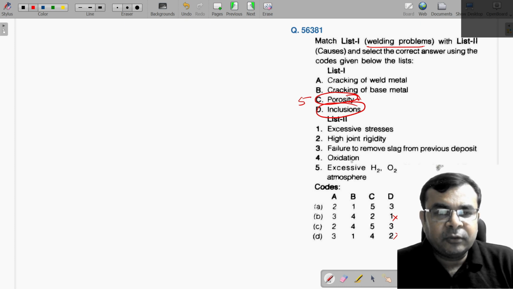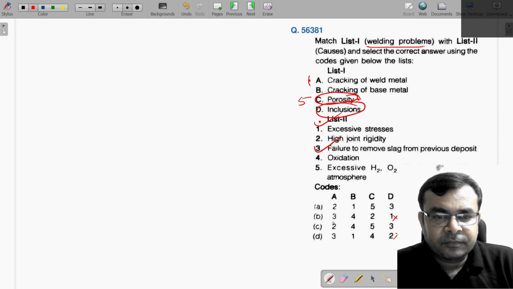Next, inclusion. Inclusion mainly happens due to high joint rigidity, failure to remove slag. Yes, option 3, so D3. D3 is in both options. Next, cracking of the weld metal is due to excessive stresses, so A1. Both options have A1.